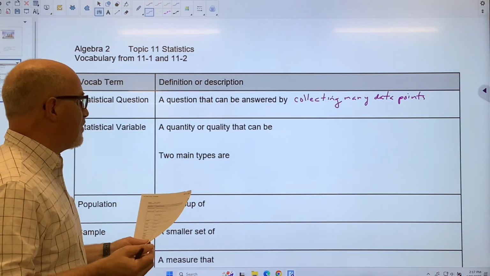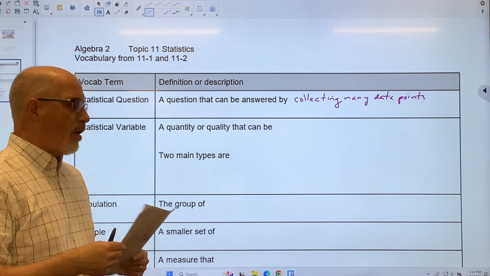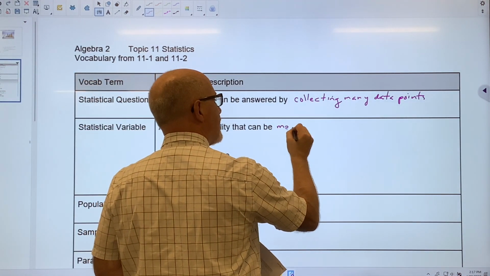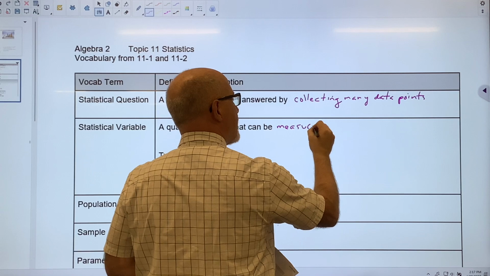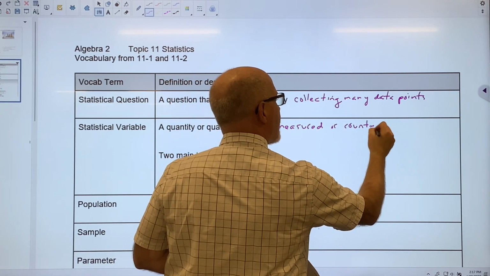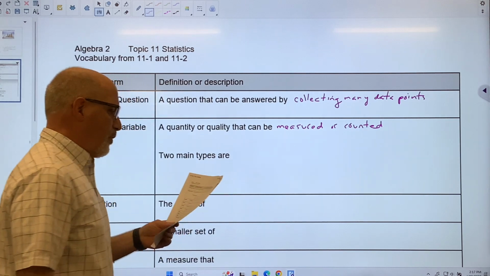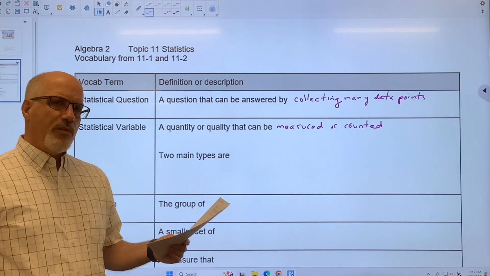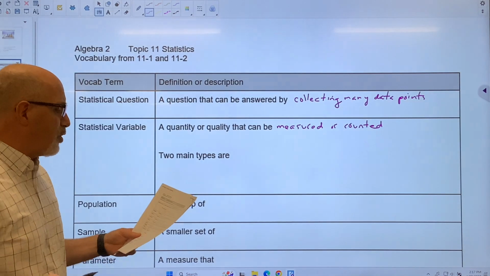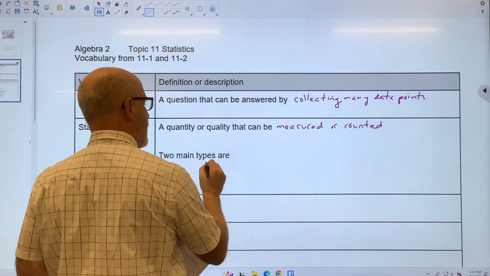Now, a statistical variable is a quantity or quality that can be measured or counted. So for this, two of our variable types are going to be a categorical variable.